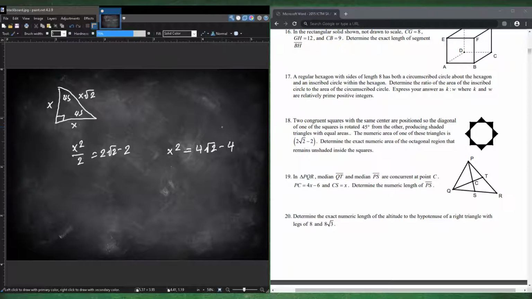Okay, so that means our x is equal to the square root of 4 square root 2 minus 4. So if we want x square root 2, we just need to multiply this by square root 2. Since they both have square roots, we just multiply the 2 inside. So that's 8 square root 2 minus 8. Okay, so that is our side length for our octagonal region.